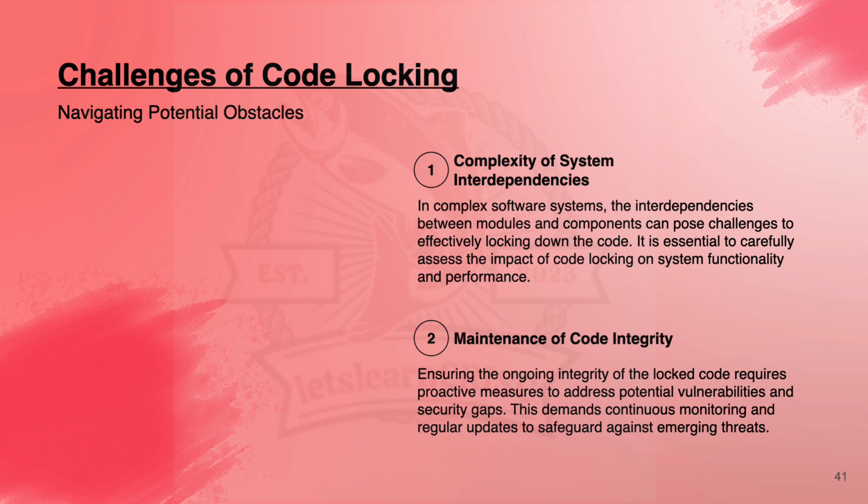So organizations must adapt and evolve their code locking practices to address emerging security challenges and sustain the trust of their stakeholders. So friends, by embracing robust code locking practices, organizations can fortify the foundation of their software systems and uphold the integrity of their code, right? Ultimately enhancing the reliability and security of their applications, right?